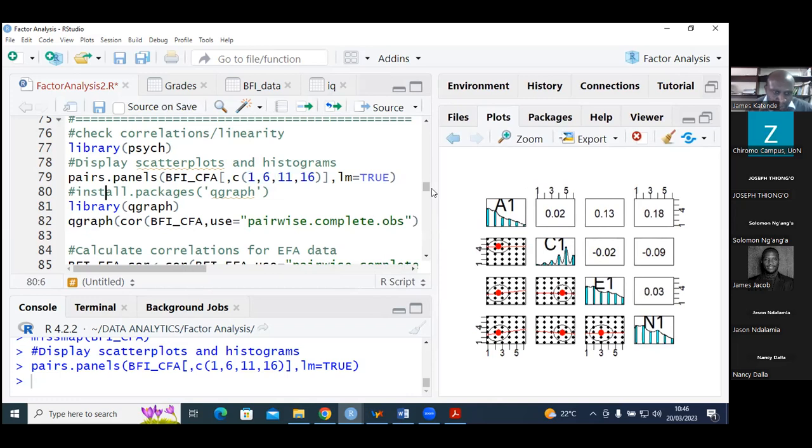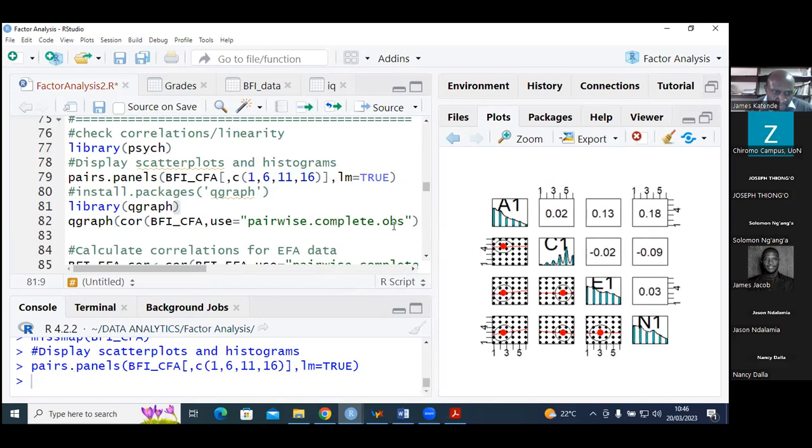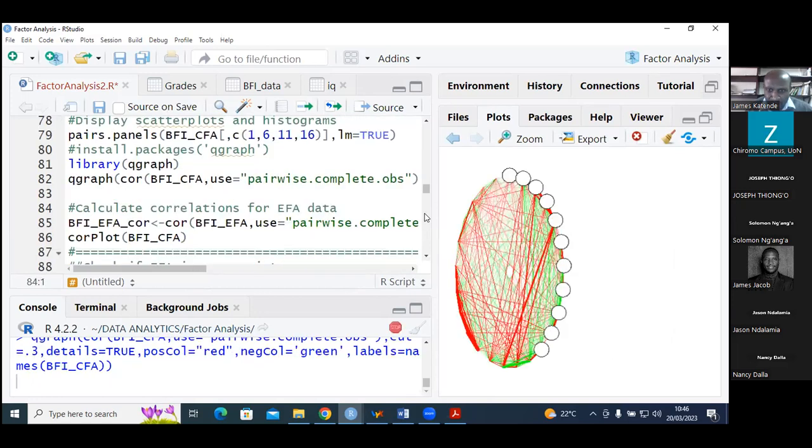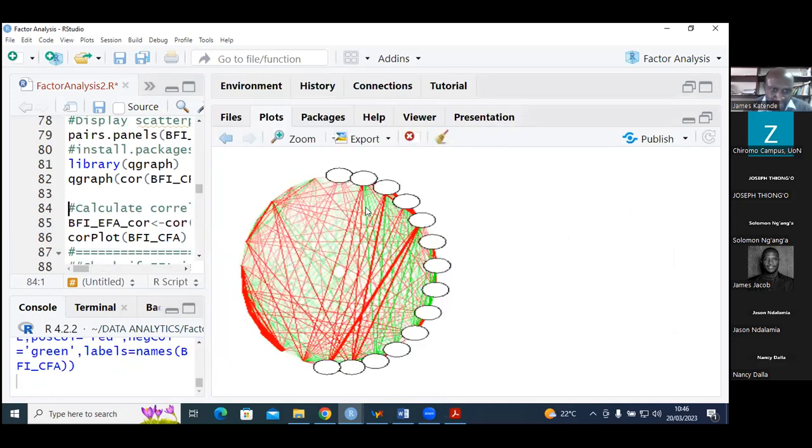Once we load it and run this, it uses lines now to represent correlations. The green lines would be the negative, I think, and the red lines would show positive correlations, and the thickness shows the strength of the correlation. So these are too many to make sense of by just looking, but it's also another way of considering the correlations.